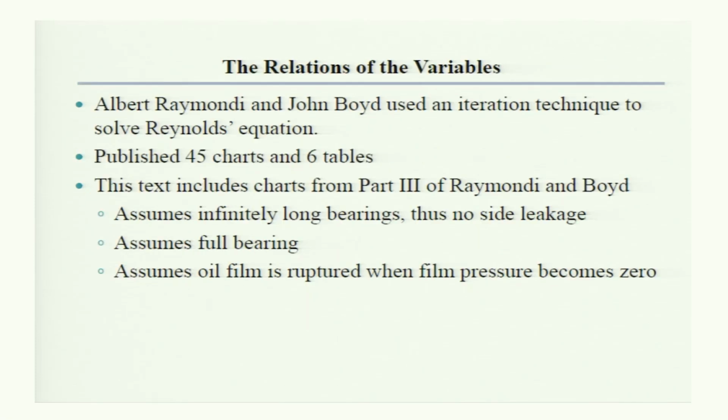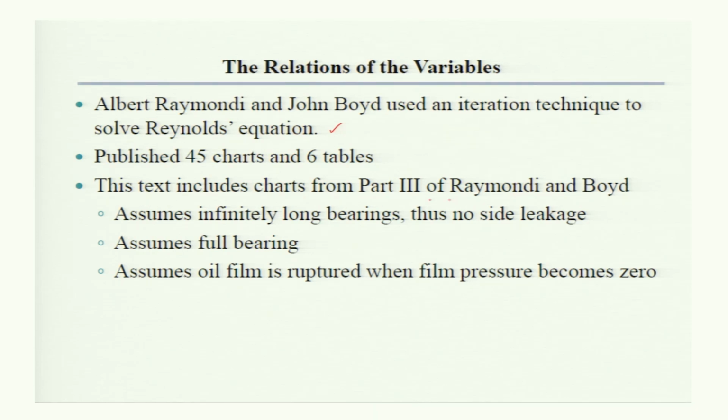Now, the equation of pressure, which was Reynolds equation, can be solved, as we have seen, by some approximate method like the finite difference method or the finite element method. But Albert Raimondi and John Boyd used an iteration technique to solve Reynolds equation, and they published 45 charts and 6 tables of different parameters of the journal bearing.